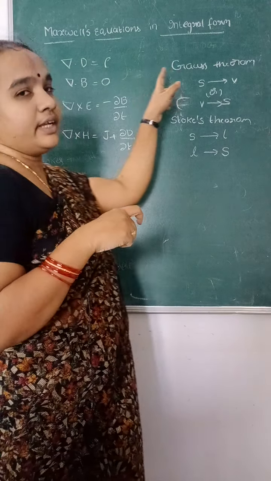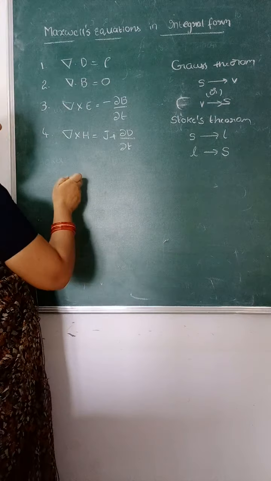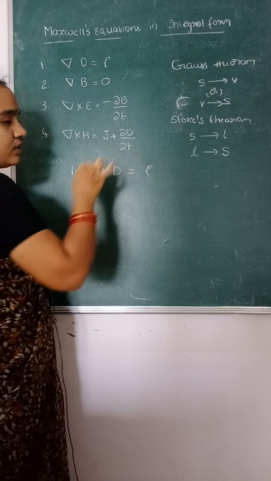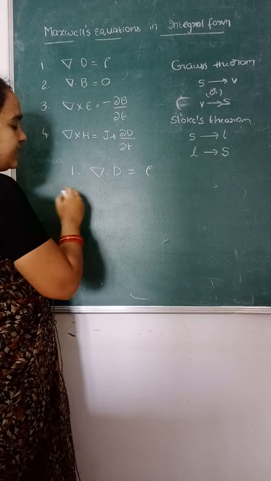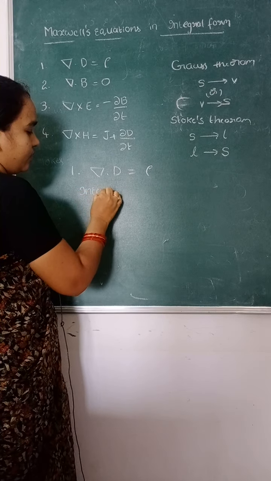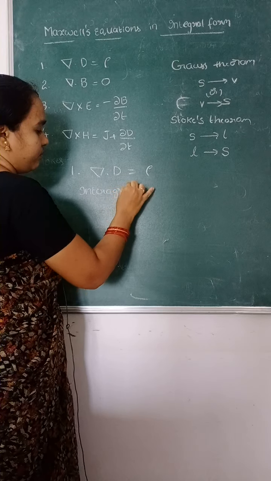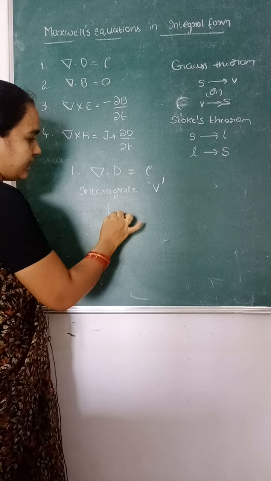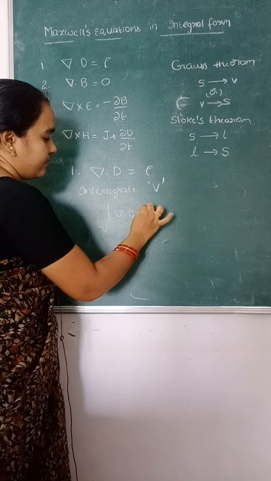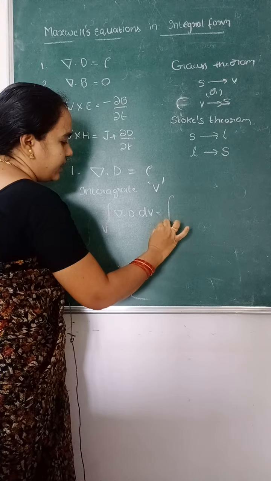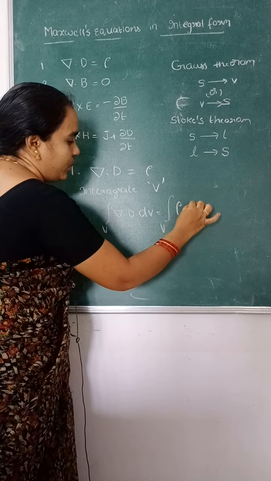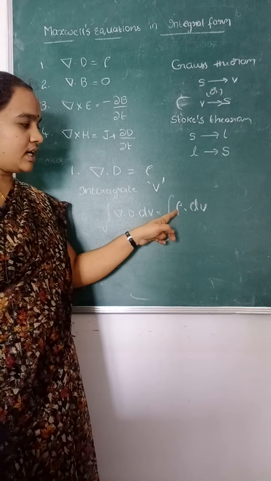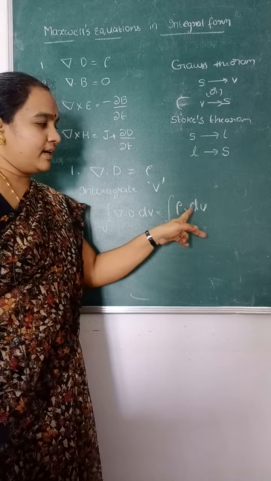form to integral form. Let us consider the first Maxwell equation, that is del dot D is equal to rho. Let us integrate the above equation over any arbitrary volume V. Then integral over V of del dot D dV is equal to integral over V of rho dV, where rho is the charge density, that is charge per unit volume, multiplied by unit volume.